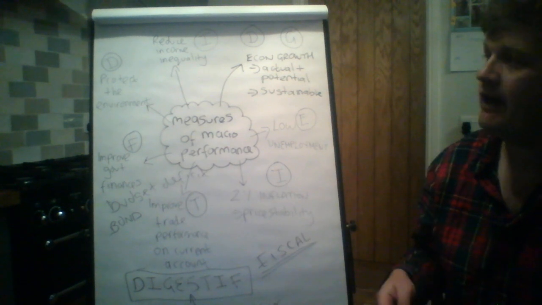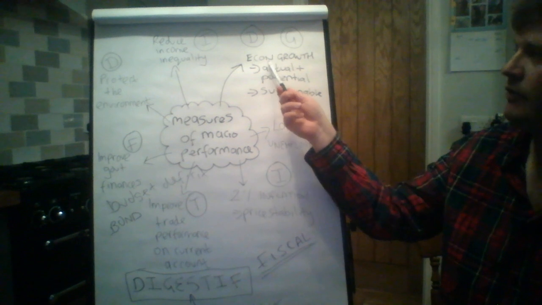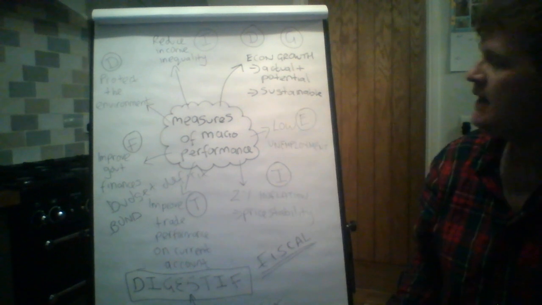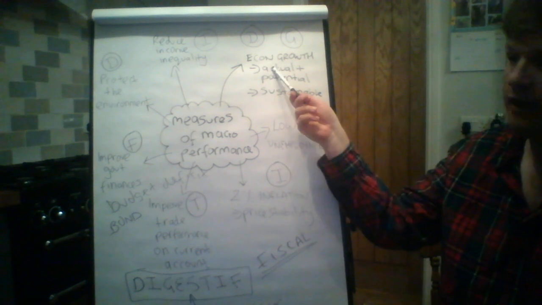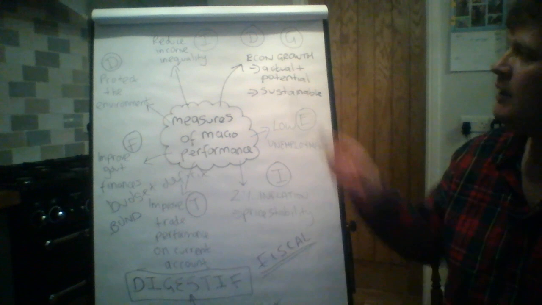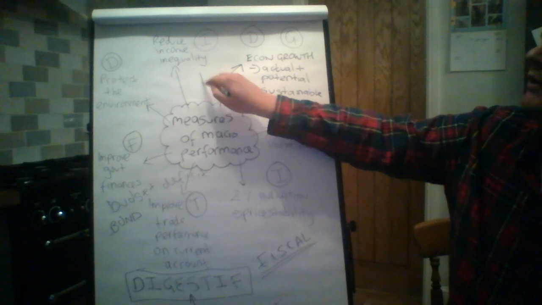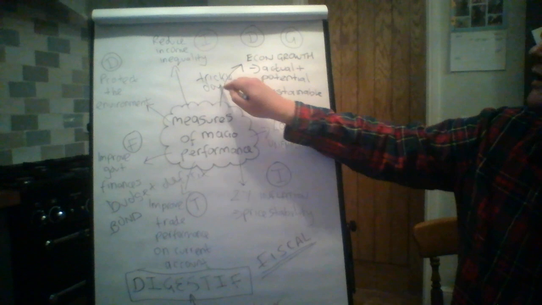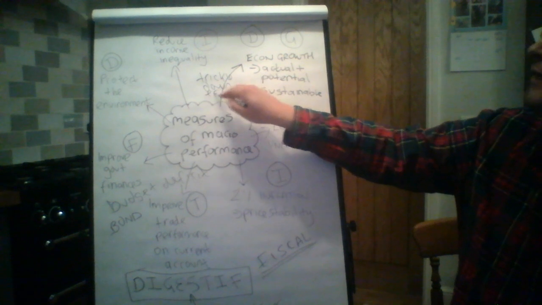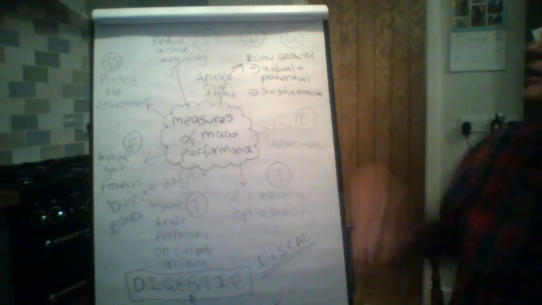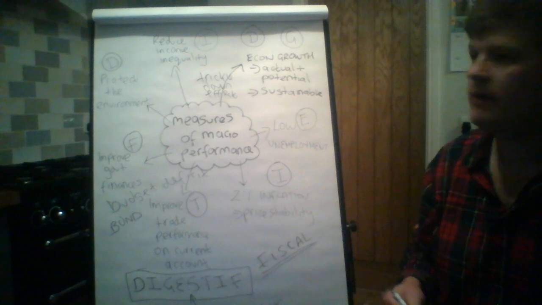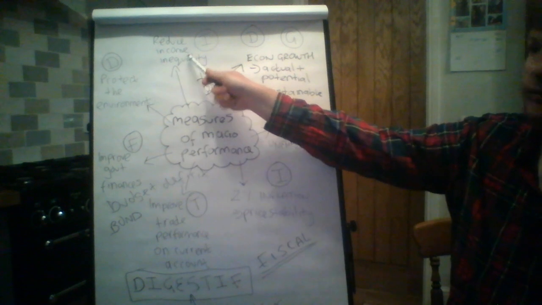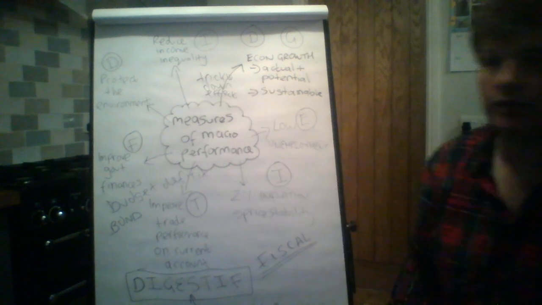Now, you tend to find that we have a conflict sometimes between growth and inequality. So when you have high rates of economic growth, you tend to find that we have something called the trickle-down effect. Now here, in our free market capitalist economy, you tend to find that when economies grow, those that have got lots of wealth and high incomes tend to benefit the most from economic growth.